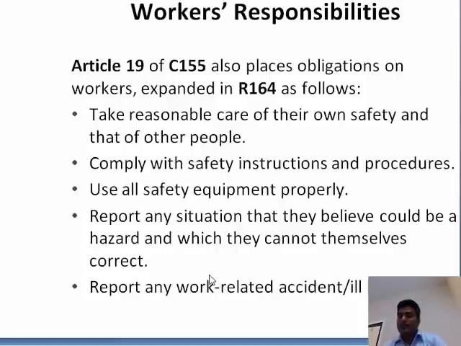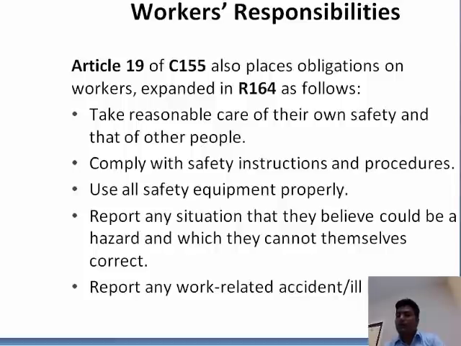If they find any hazardous place, any hazard at the workplace, the employee should immediately inform the employer without any delay. If they can maintain safety there, they can, but if they can't correct it, they have to inform the employer.